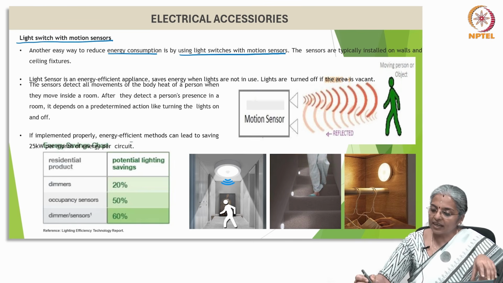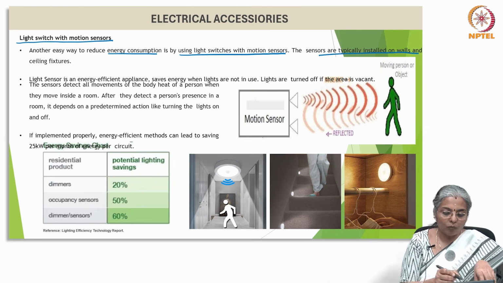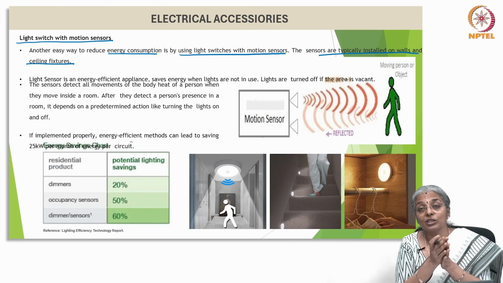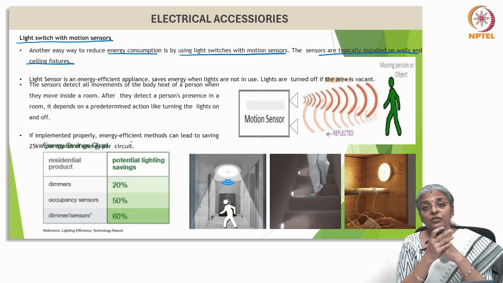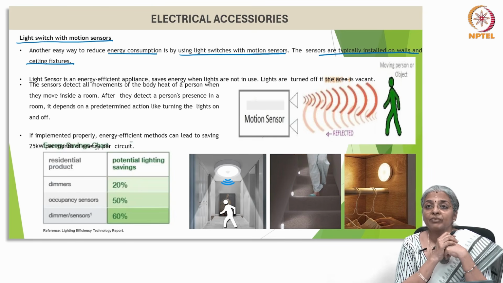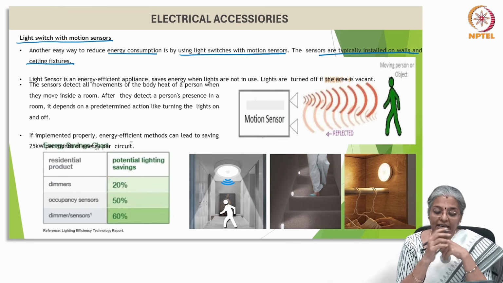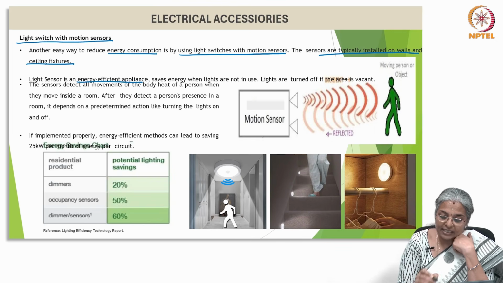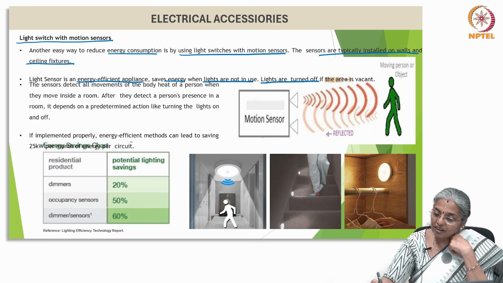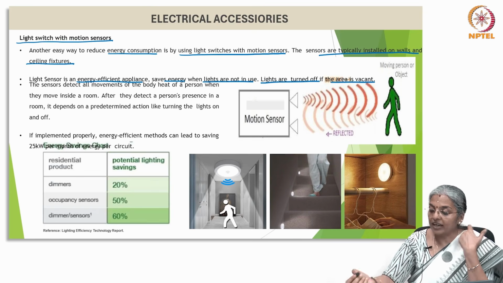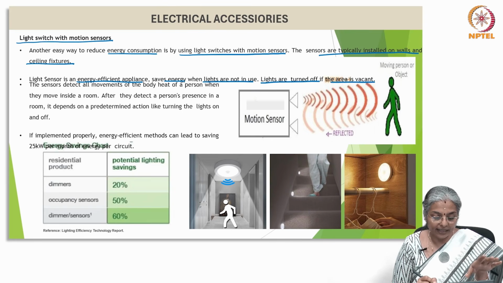So, these sensors are typically installed on walls and ceiling fixtures, which we have seen at great length in the first few previous classes. So, light sensor is a very energy efficient appliance. It can save energy when lights are not in use, and lights are turned off if the area is vacant or nobody is there in that area.